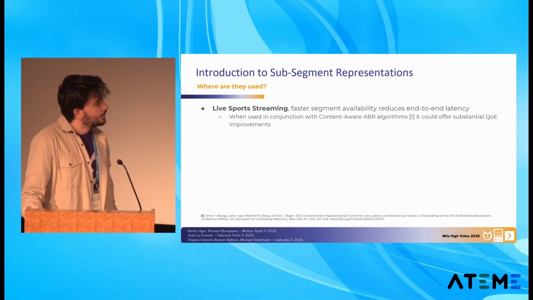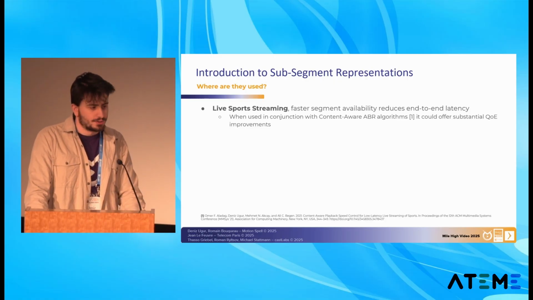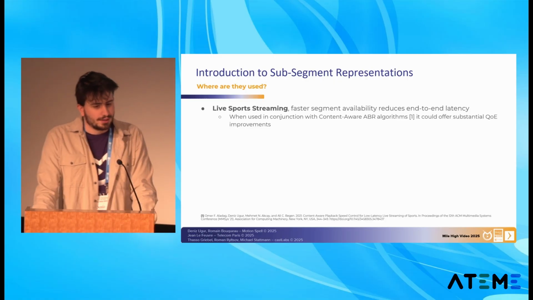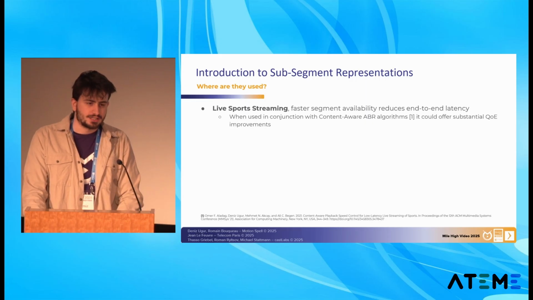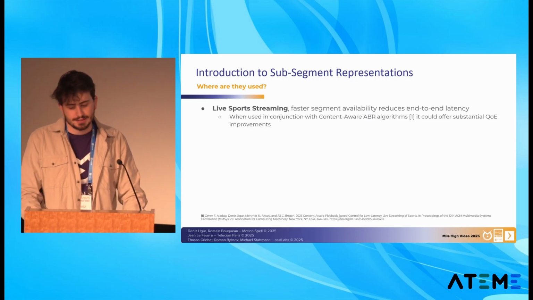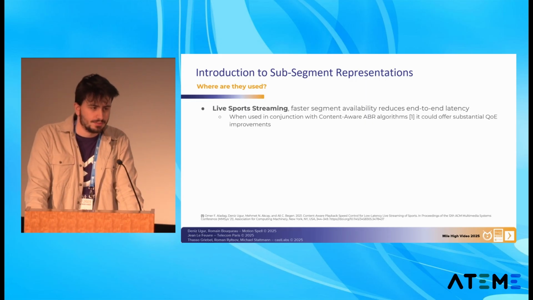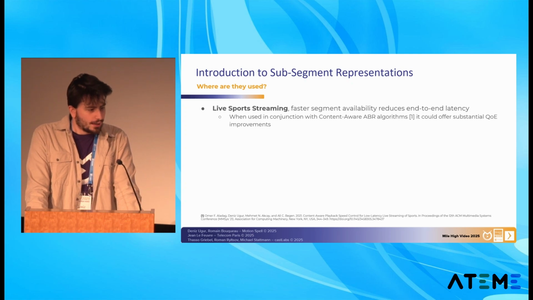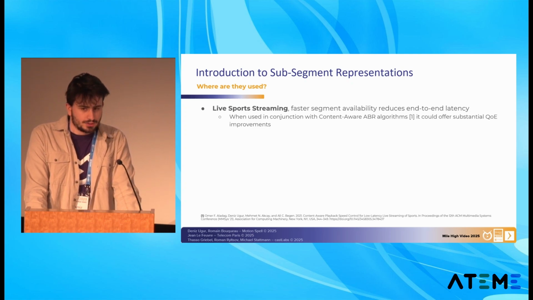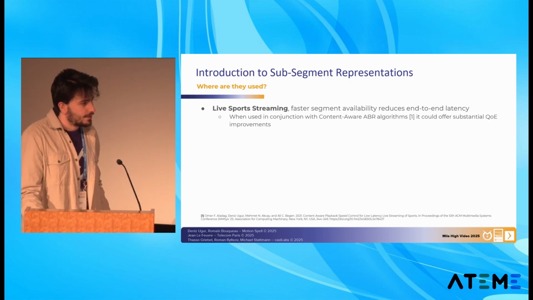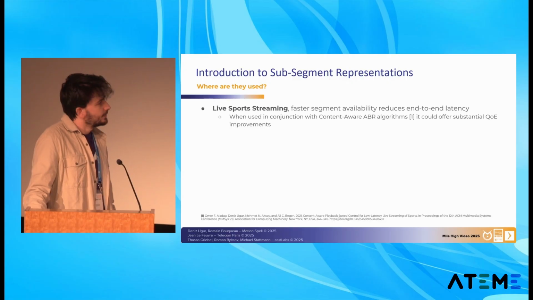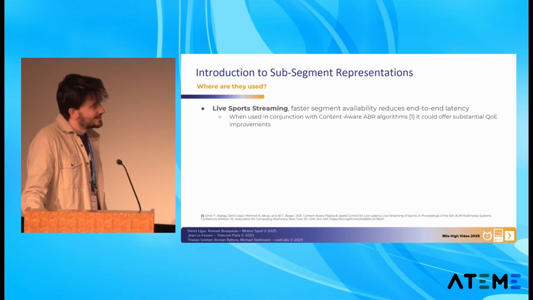They are mainly used in live sports streaming, and potentially any application that requires minimum target latency, because you can tune in much faster and view the stream much faster.